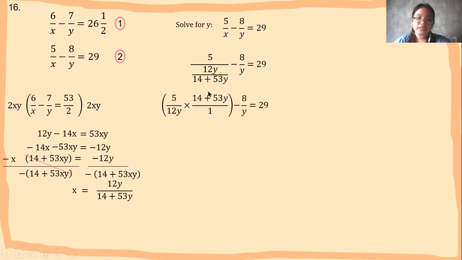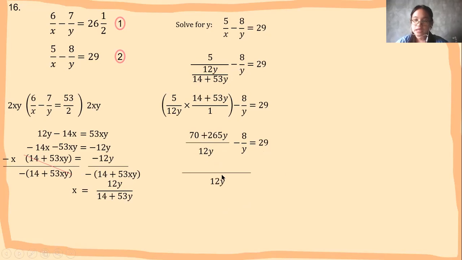So 5 times 14 is equal to 70. 5 times 53y is equal to 265y. Then 12y times 1 is equal to 12y. So let's copy the minus 8 over y equals 29. Next, let's find the LCD, which is 12y.